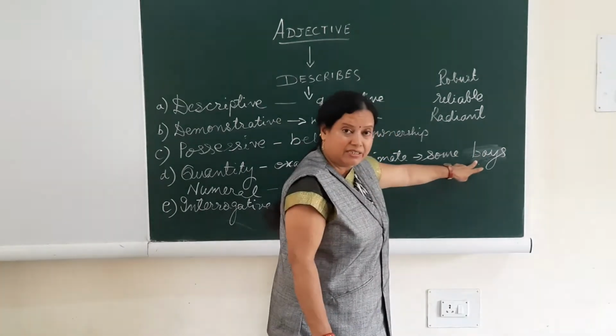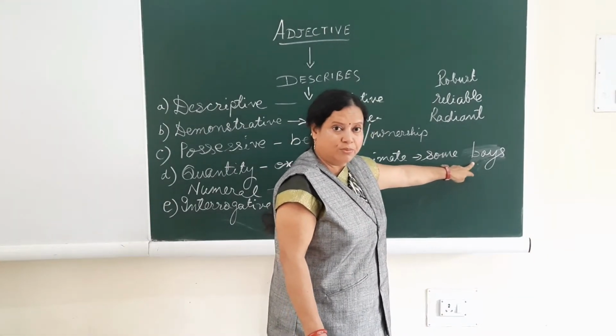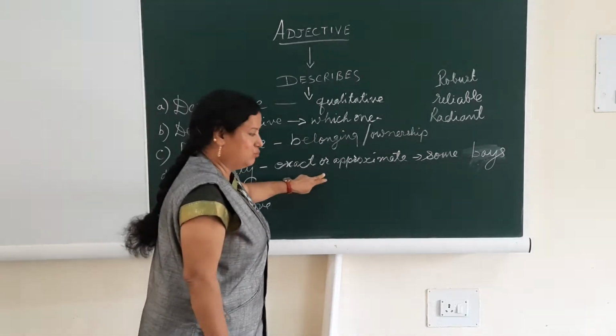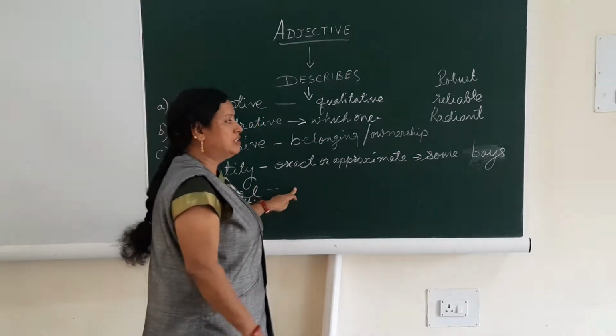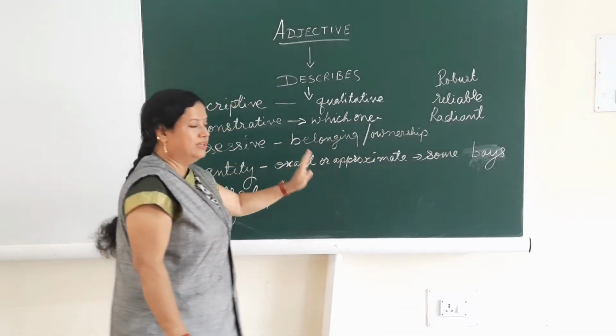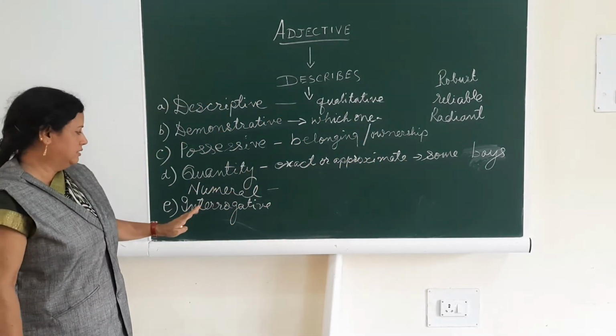So it will become a numeral adjective. Okay. So quantitative is telling us the quantity, and numeral is telling us the number. You have to see the noun after that, whether it is countable or uncountable.